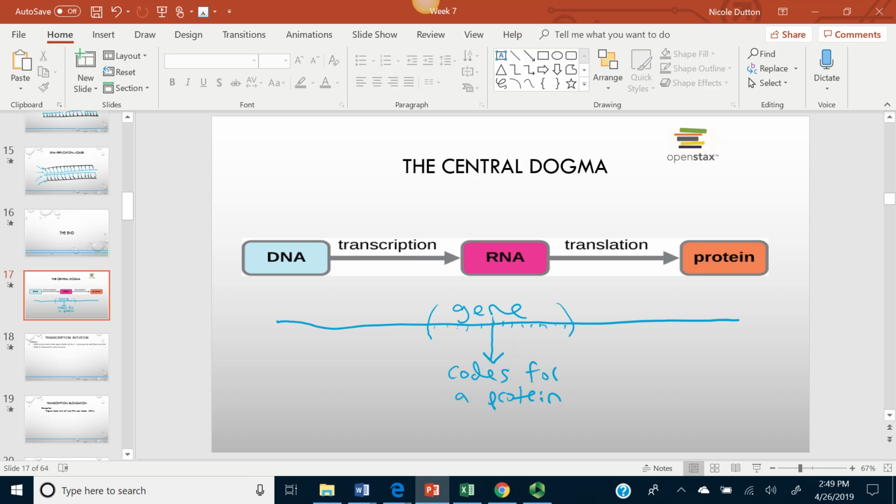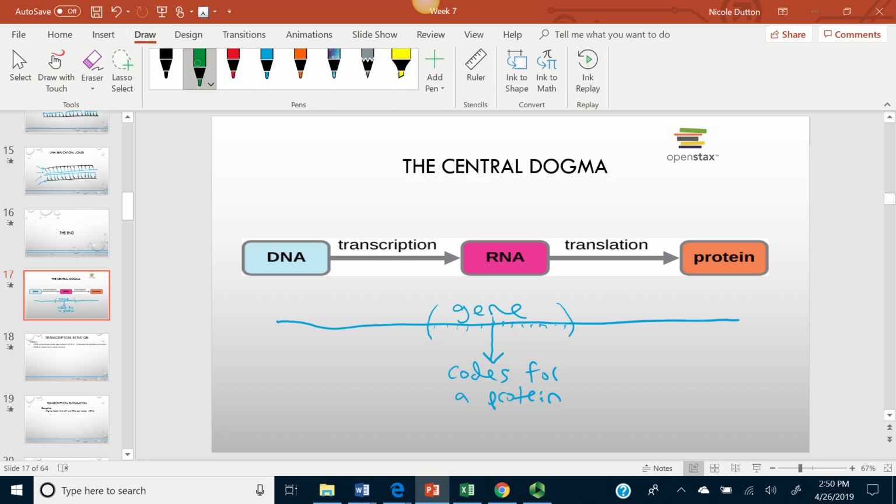Now DNA is really long and winding, and we have to know where the start of a gene is and where the end of a gene is. So in order to figure this out, upstream of the gene, we usually have a promoter region.